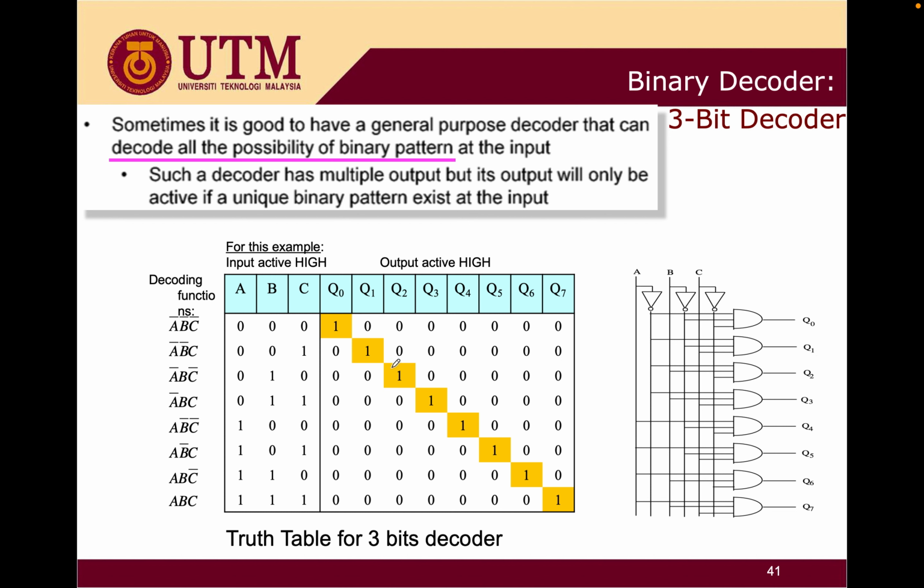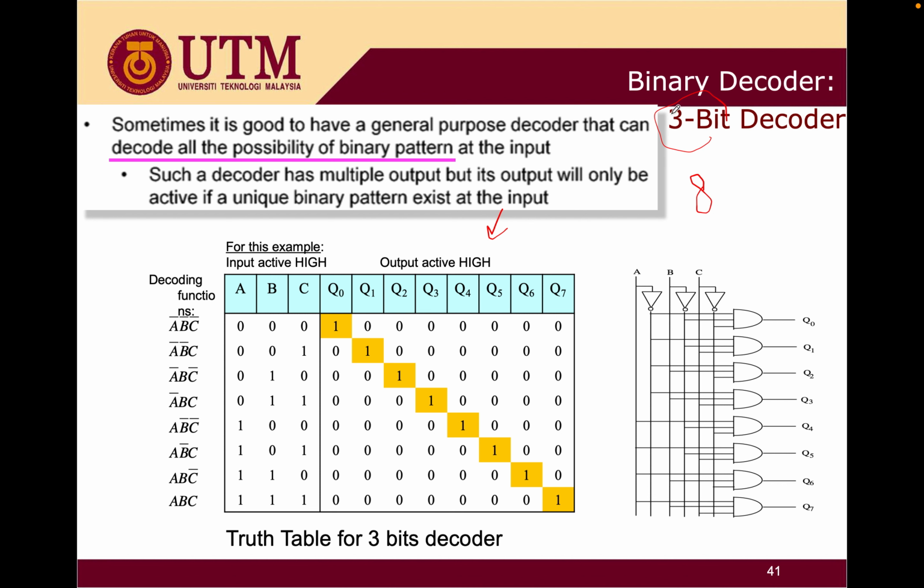So Q2, what happened here? It's going to be A bar, B, C bar. So this is the truth table that you need to remember. You're going to have only a specific output, because you're going to have 8 possibilities.